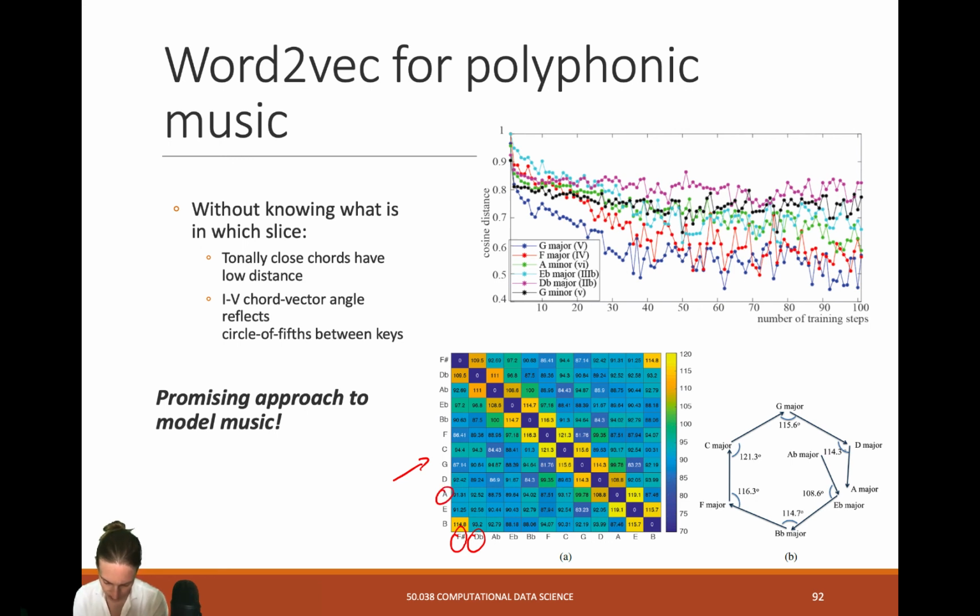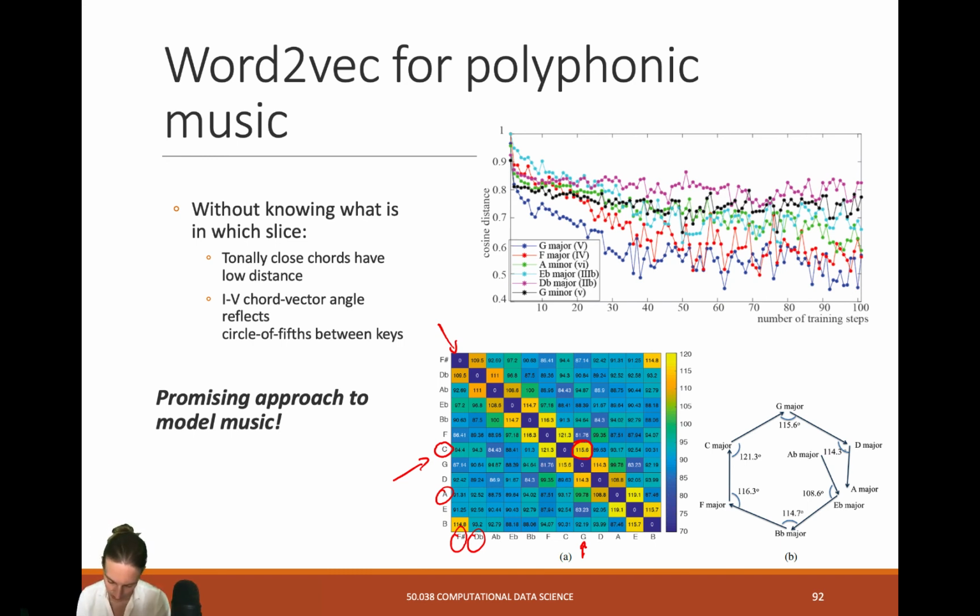The cosine distance between a chord and itself is 0, which is on the diagonal. Let's have a look at two related chords, let's say C and G, which we find here. They have a high similarity. They're a fifth apart, which means they're very often played in the same context.